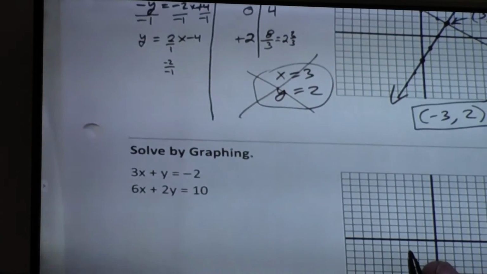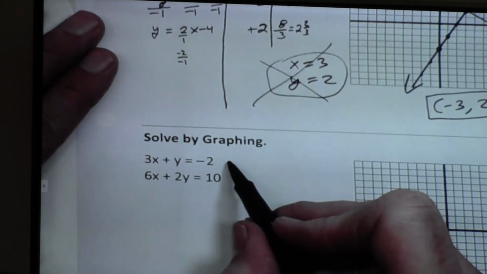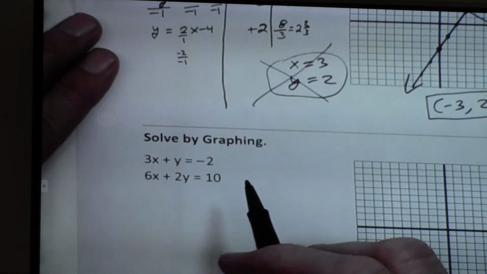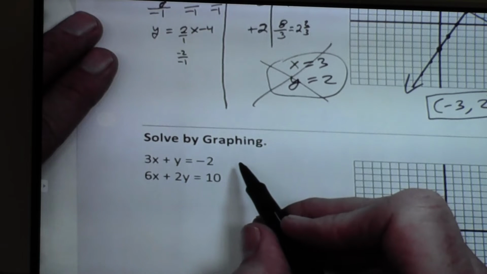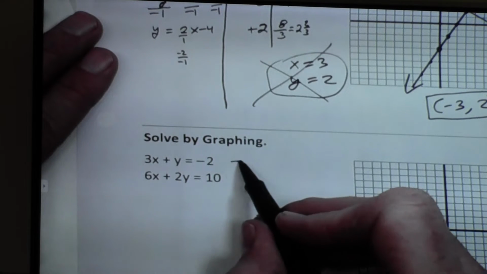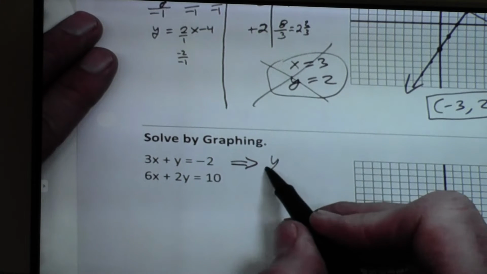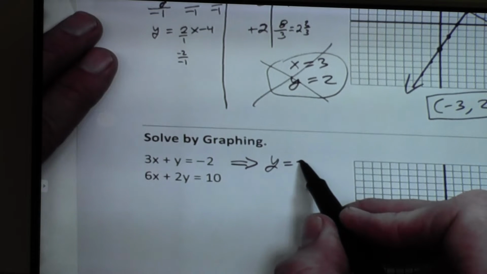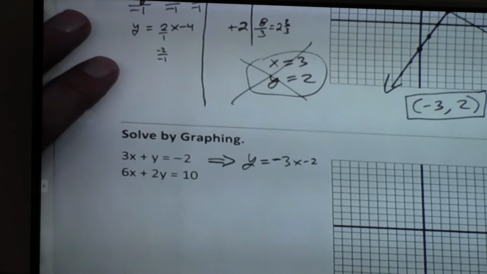Okay, now let's do this next one. In this case, I'll do the same thing where I'll do one of them by changing it to slope-intercept form and one of them by doing an XY table. Okay. So I'm going to do this one by changing it. I'm going to add 3x to both sides, so I'm going to get y equals -3x minus 2. And I'll graph that one.